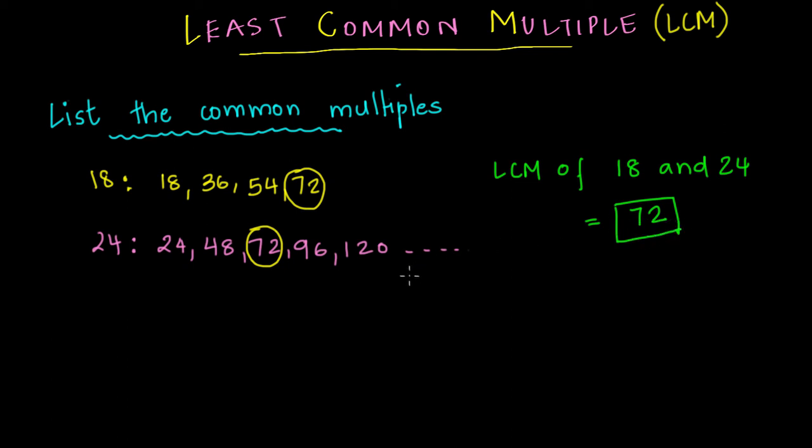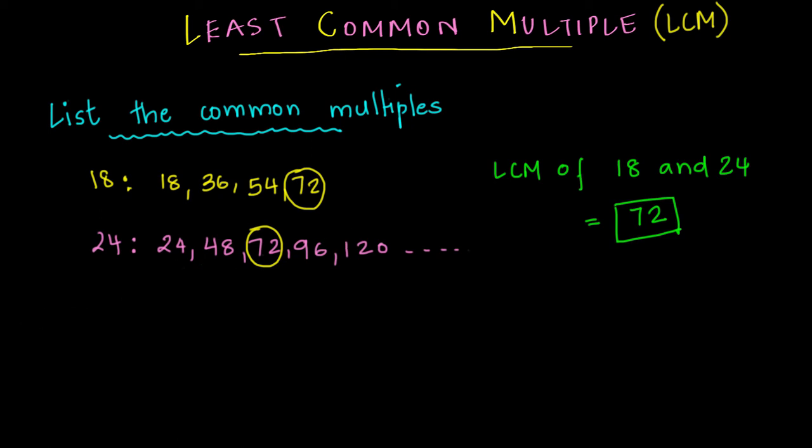Now this method to find the LCM is fairly simple. You just have to list out all the multiples, and it works really well when there are just two numbers, and if you can find the least common multiple within the first 5 multiples, it's pretty easy to use this method.